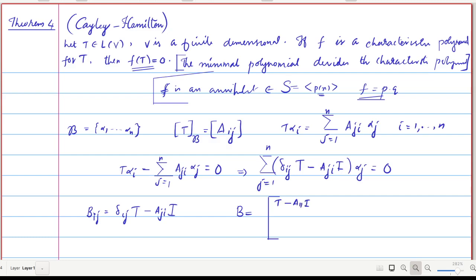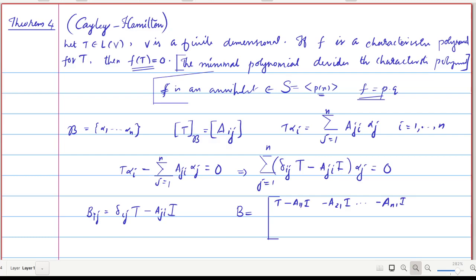Now what is the second term? The second term will be B12, in the first row and second column, then this term will be 0. Then we have 2 1 here, that is minus a21 I, etc., minus an1 I. Then for the second row, the first term will be B21.